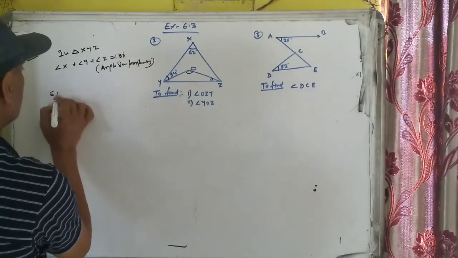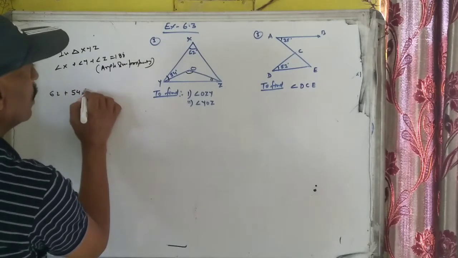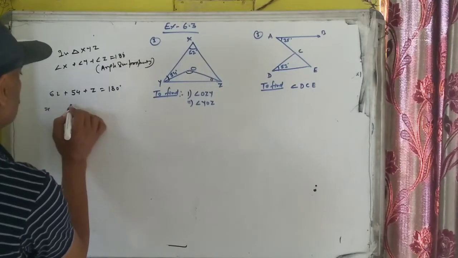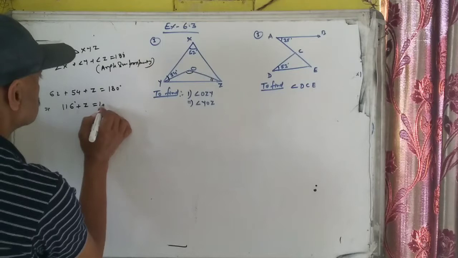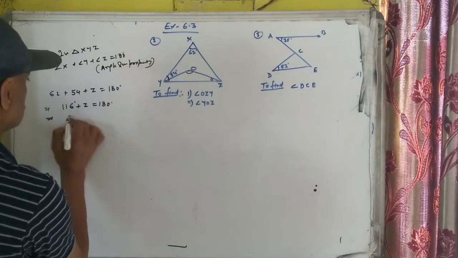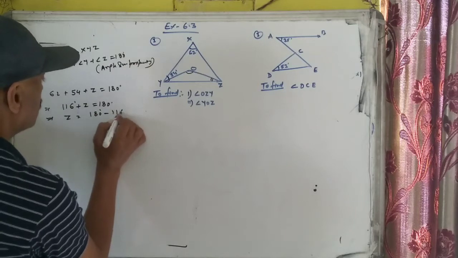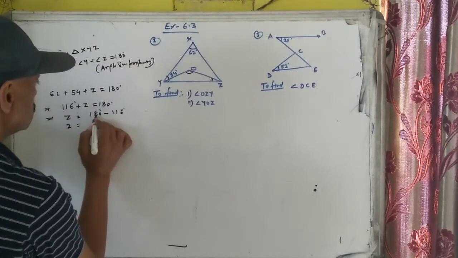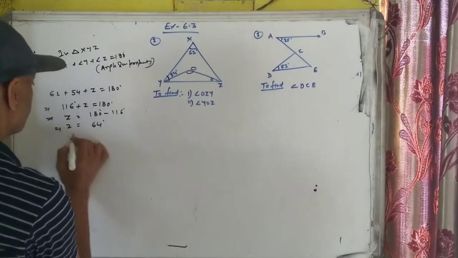We have the value of X is 62, the value of Y is 54, and Z is not known to us. So the sum is 116. So Z equal to 180 minus 116. So Z equal to 64 degree.